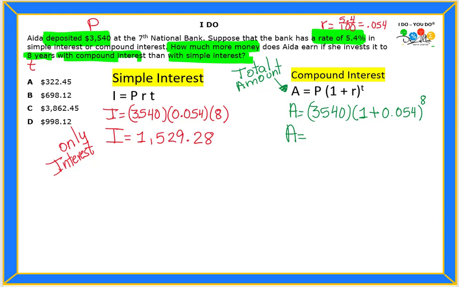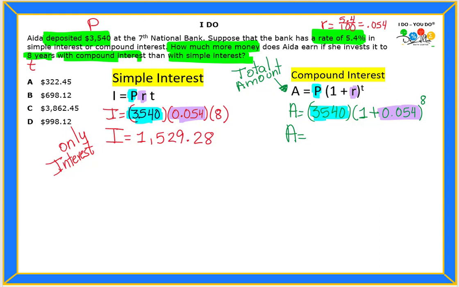So notice how P, it's how much money we're talking about. It's the same thing on both, right? It doesn't change, okay? Now the R is the rate that we're using, which is 0.054, and that's the rate, the same thing on both. The difference is that on the compound, notice how time is being raised to a power, okay?